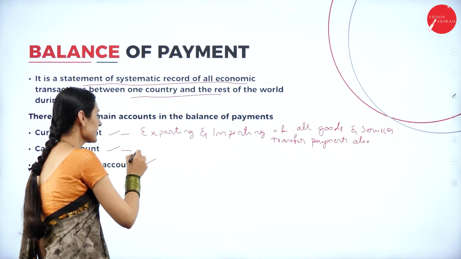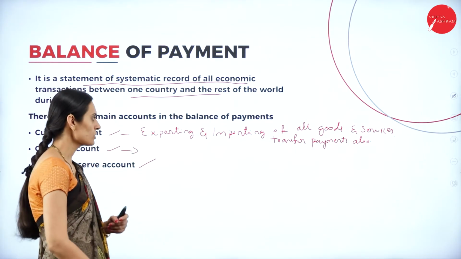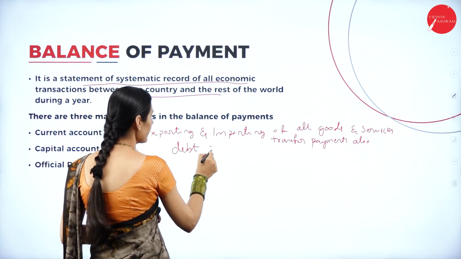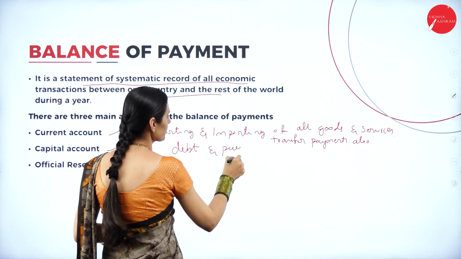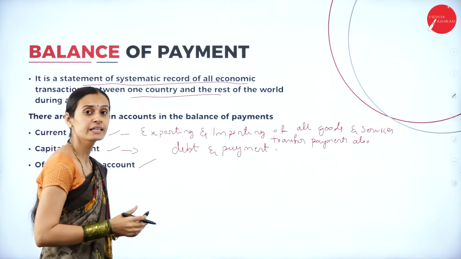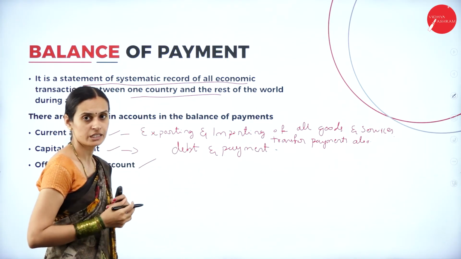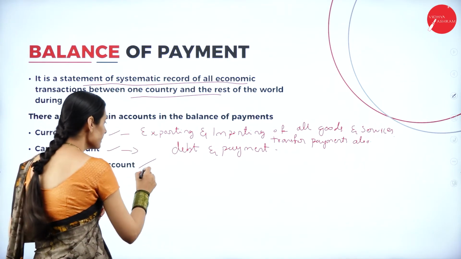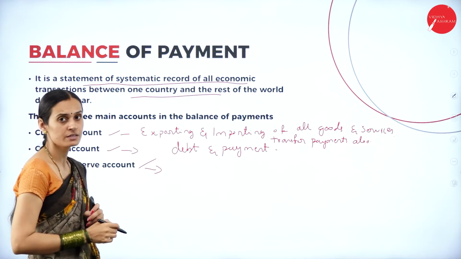And second one, capital account. This is a statement about debt and payment. Which country has lending and borrowings with other countries? So that is about capital accounts. And the last one is official reserve accounts.